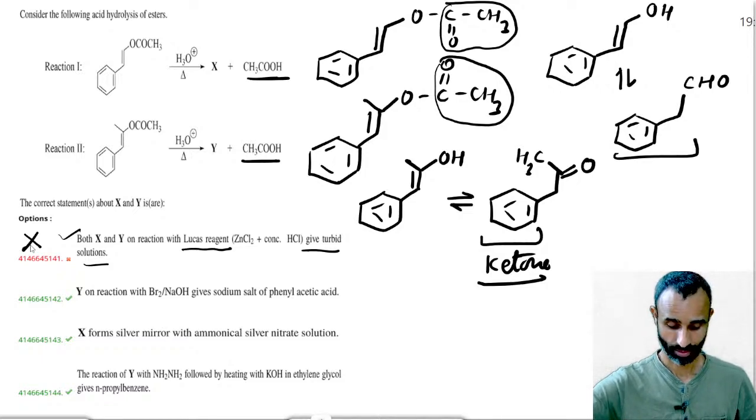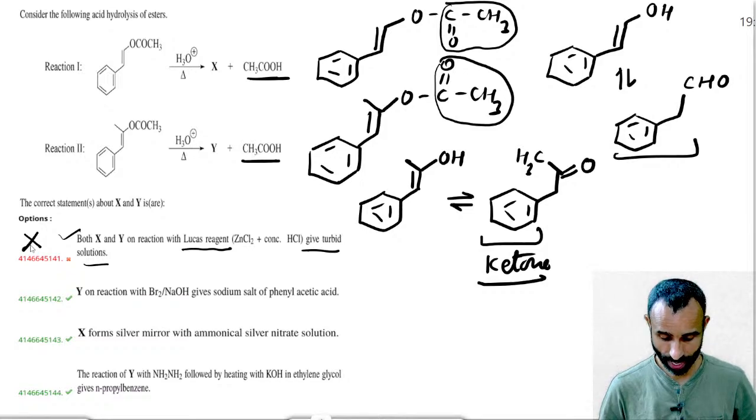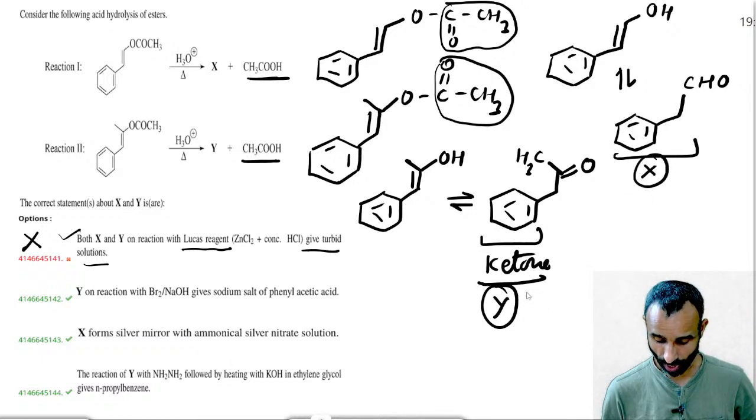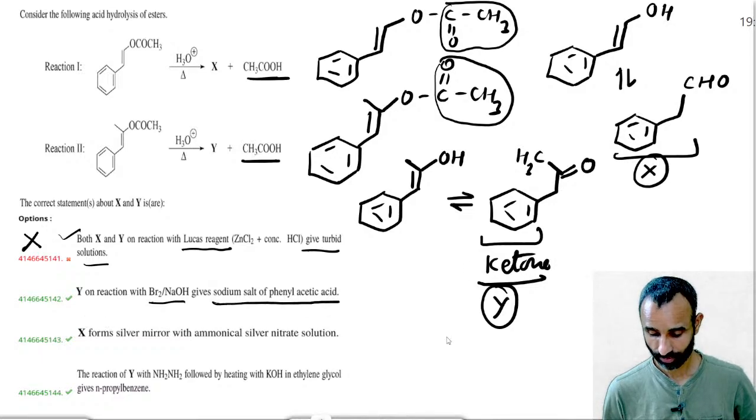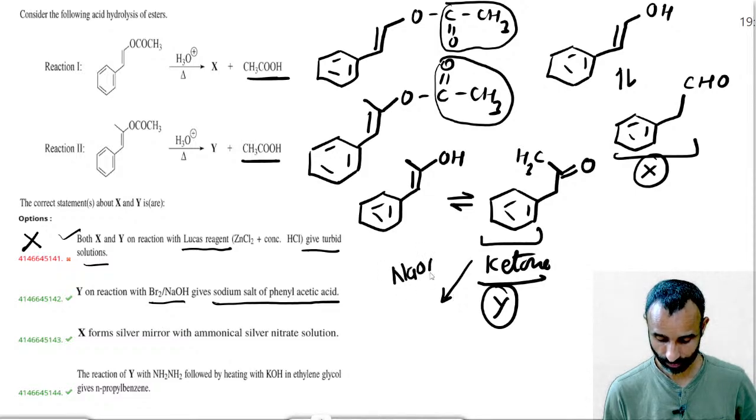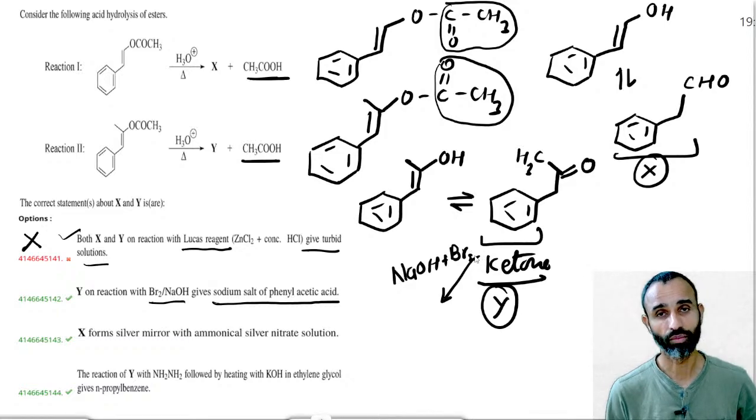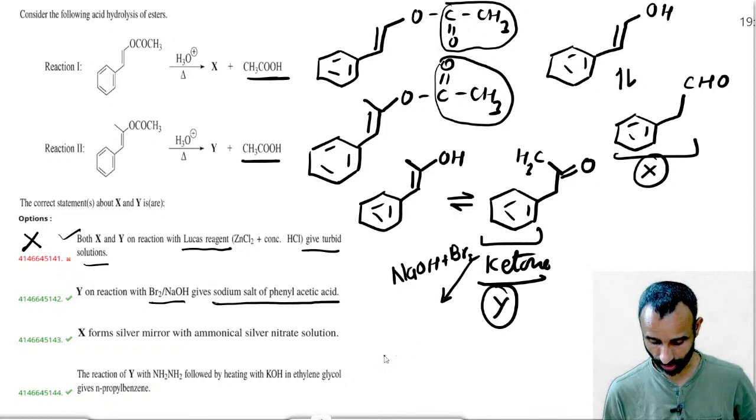Then second is Y. This one is Y, and this is X. Y on reaction with bromine and NaOH gives sodium salt of phenylacetic acid. Which reaction is this? The haloform reaction.